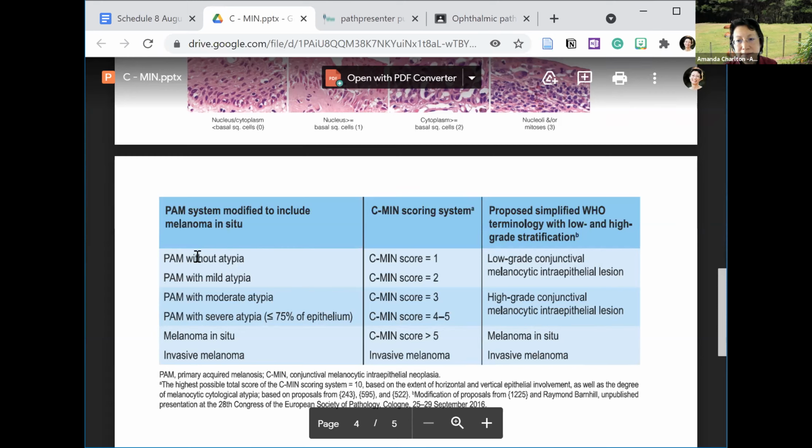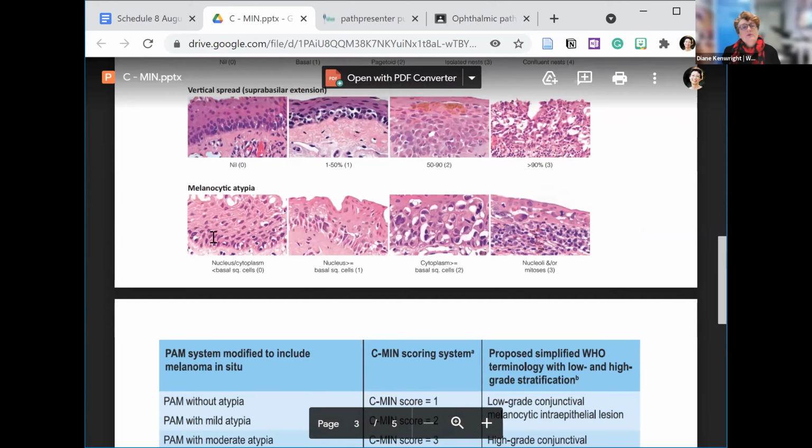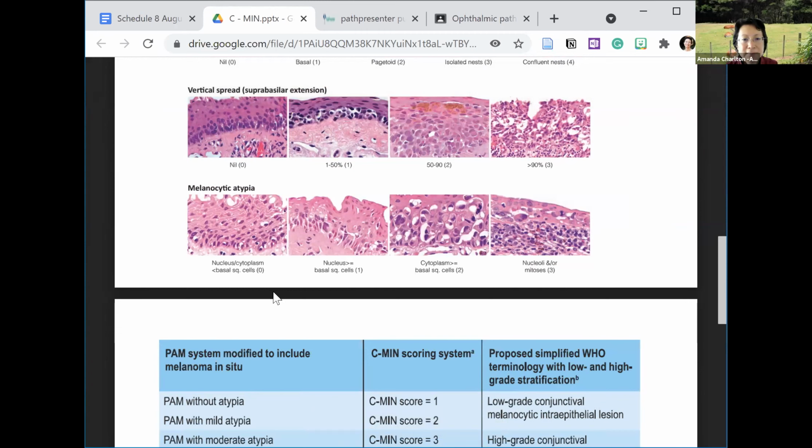Yeah. And telling the difference in eye melanocytes between no atypia and mild atypia is really hard. It's hard. It's hard. Yeah.